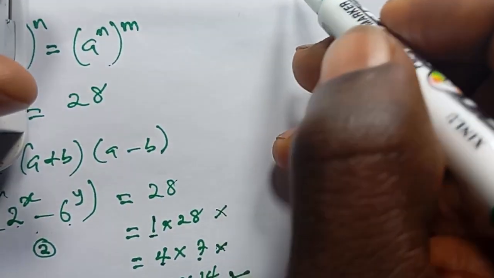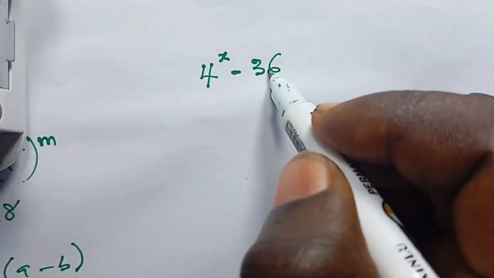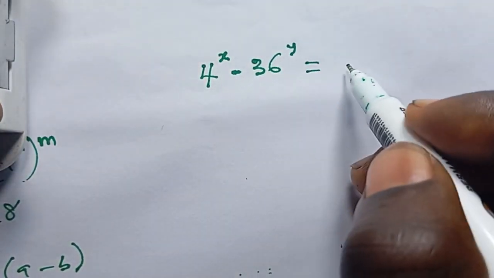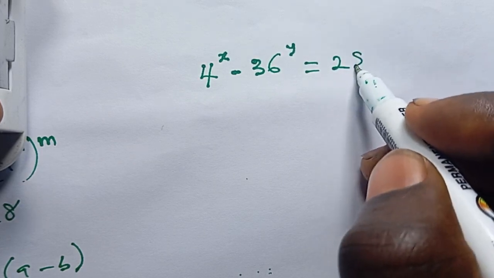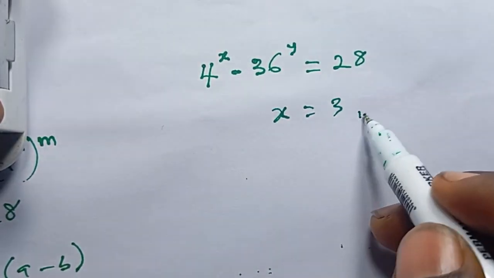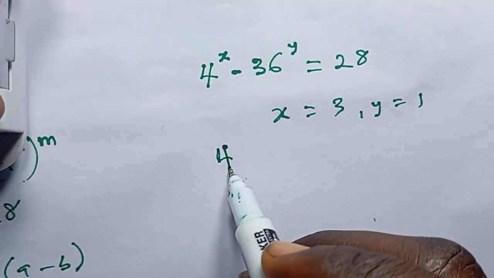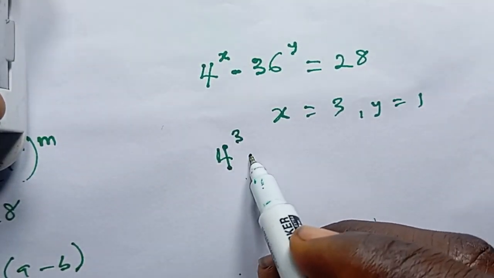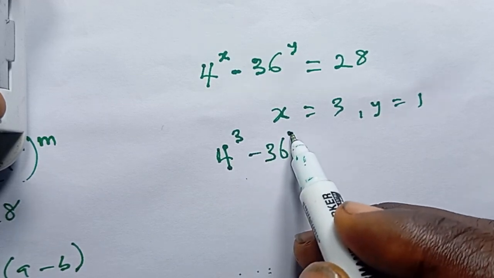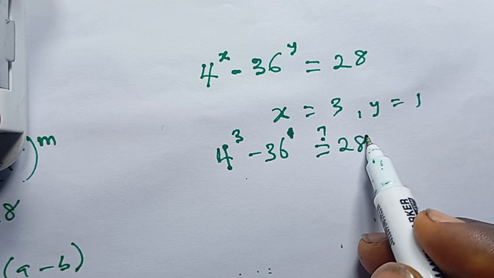Okay, so the problem we just solved is 4 power x minus 36 power y is equal to 28. And of course we just got that x is equal to 3, and then y is equal to 1. So we want to plug that right there. So 4 power 3 minus 36 power 1, will this be equal to 28?